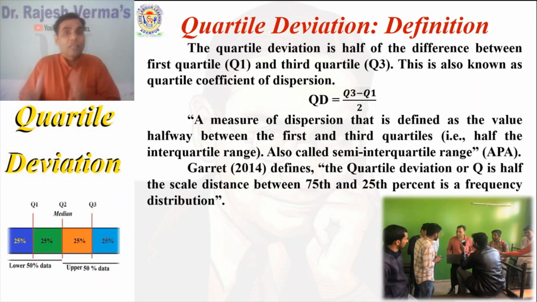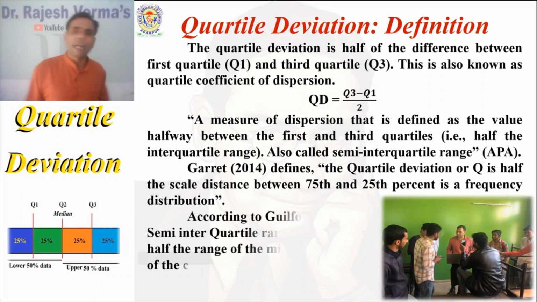Quartile 3 indicates the 75th percentile, that is 75% of the frequencies, whereas Q1 represents the 25% of the frequencies. So take the difference between the 75th and 25th percentiles and divide that by 2. That is the quartile deviation.